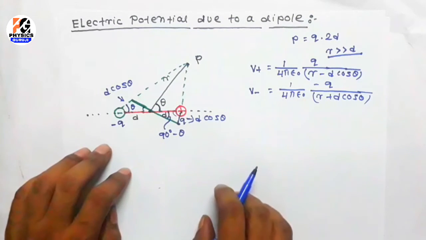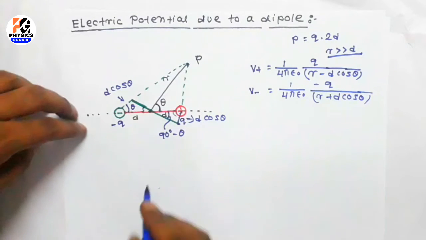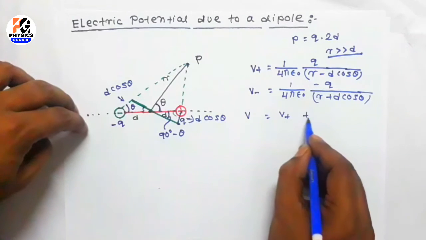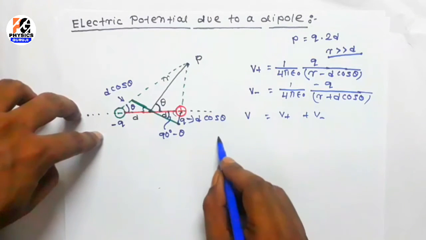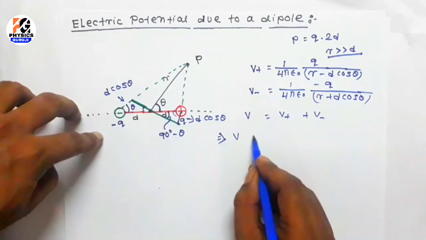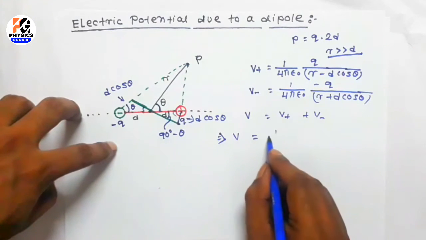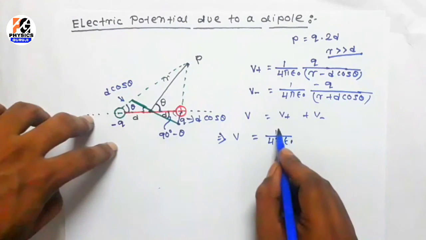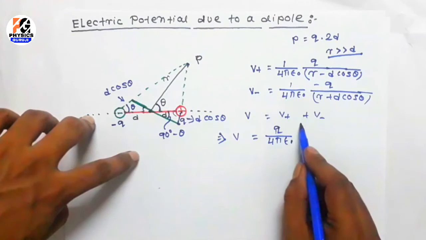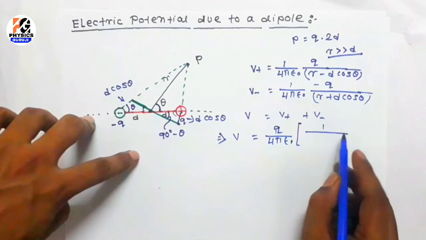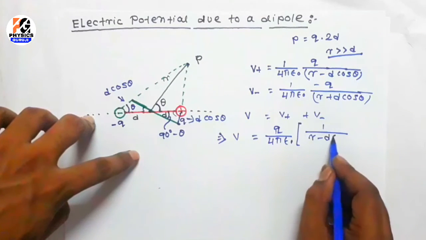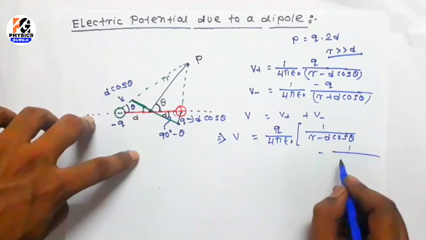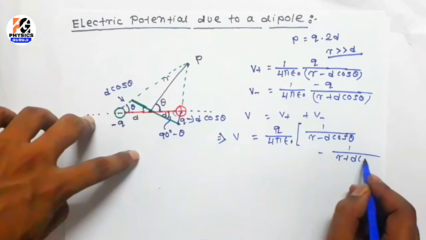Therefore the total potential due to the whole charge, I can write V is equal to V plus plus V minus, or V is equal to 1 by 4 pi epsilon 0, q also common, into 1 by r minus d cos theta minus 1 by r plus d cos theta.